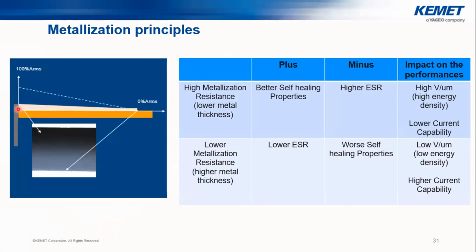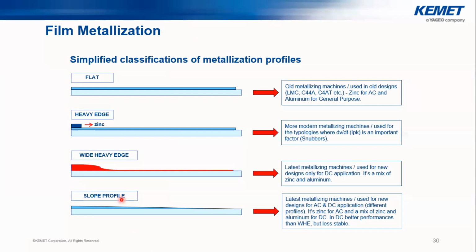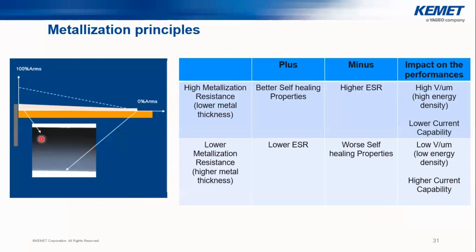When it comes to metallization, as I showed in the slope profile, parts with lower metallization thickness have better self-healing properties, because polypropylene is one of the important factors for film capacitors.